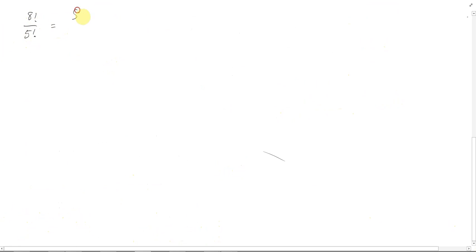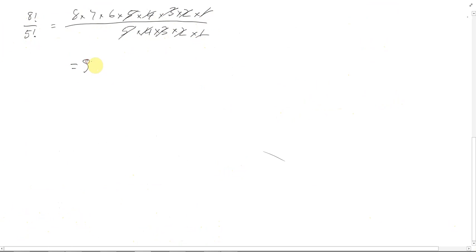Well, 8 factorial is 8 times 7 times 6 times 5 times 4 times 3 times 2 times 1, over 5 factorial, that's 5 times 4 times 3 times 2 times 1. And you'll notice we can do a whole heap of cancelling out. The 5s cancel, the 4s cancel, the 3s cancel, 2s cancel, and 1s cancel, leaving us just with 8 times 7 times 6. So there we go, that's all we're left with.